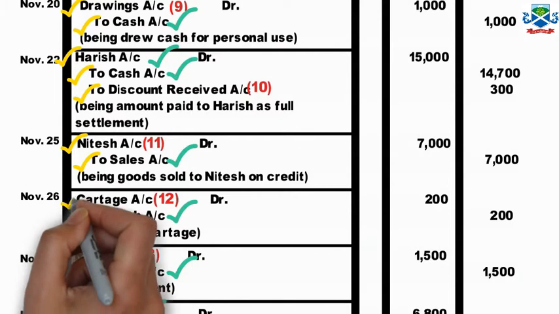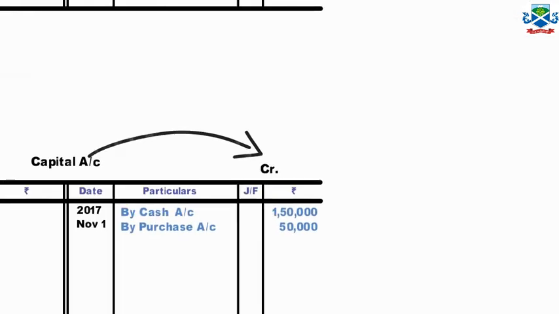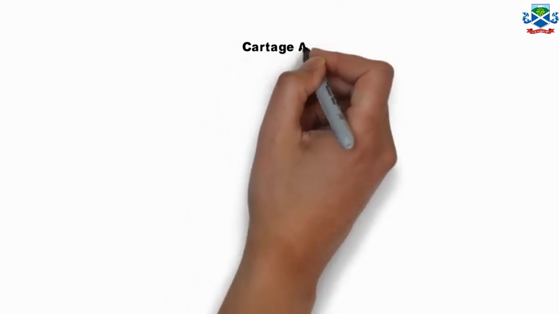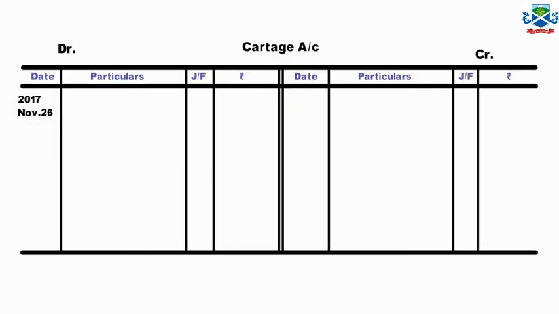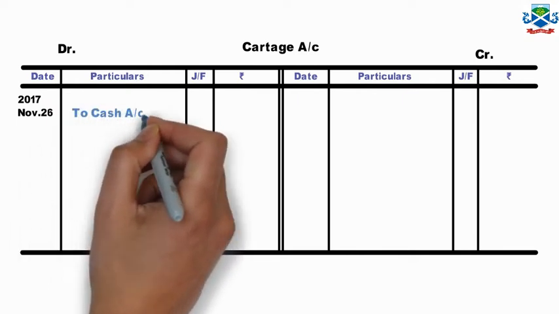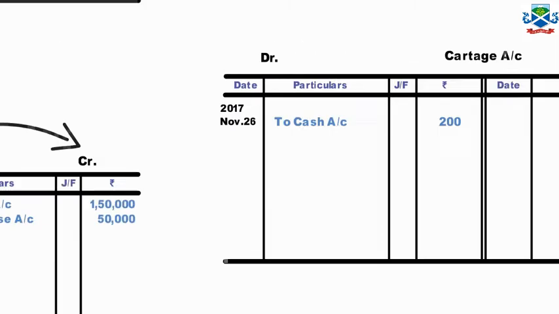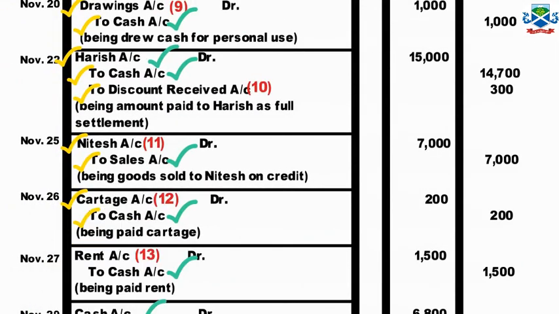Now next one is Cartage account debit to cash account. Cartage is a new ledger, so we'll make a new Cartage ledger and on the debit side write to cash account, Cartage account debit to cash account 200. Similarly, cash is credited by Cartage, so we already have the cash account in our ledger.